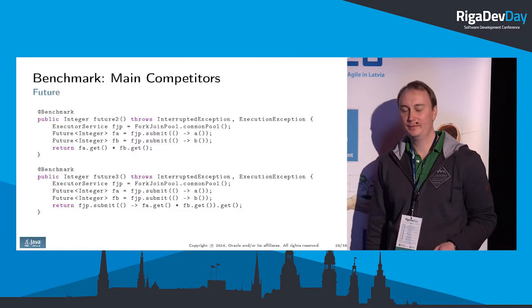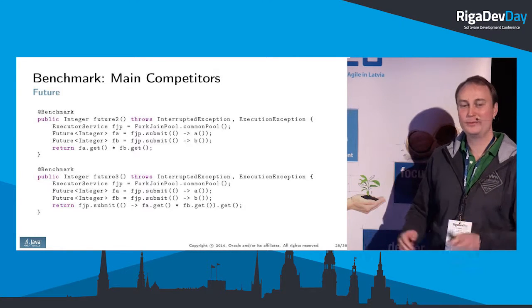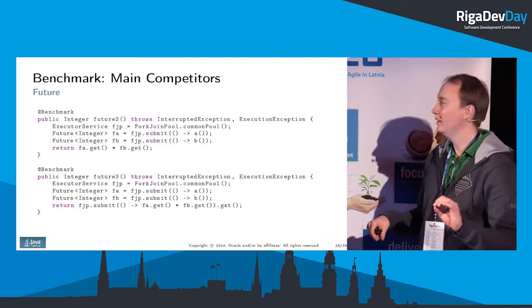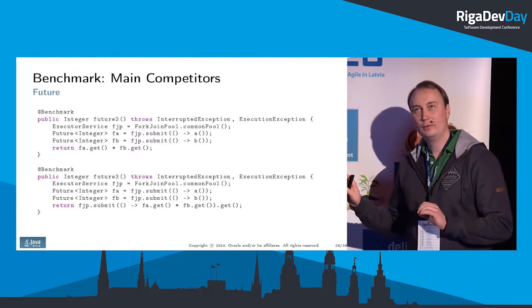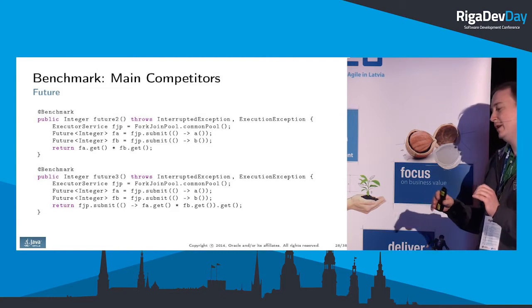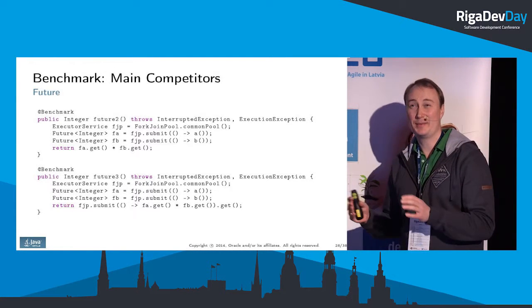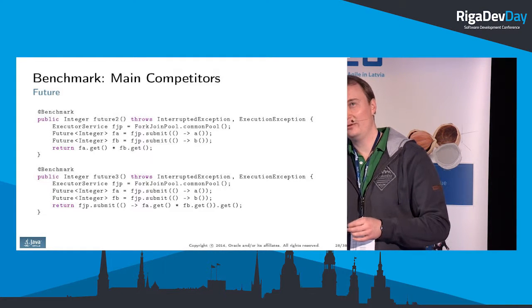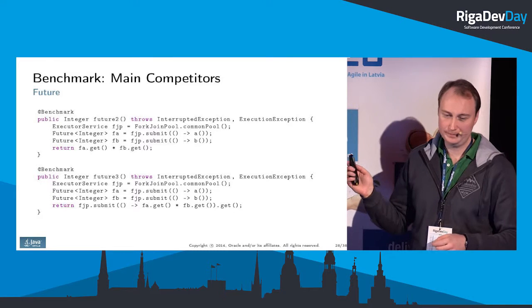Implementation with Future, just our well-known Future. We use the common pool from ForkJoinPool just to have the ability to compare results in some sense. So streams will use this by default, and CompletableFuture will use this.